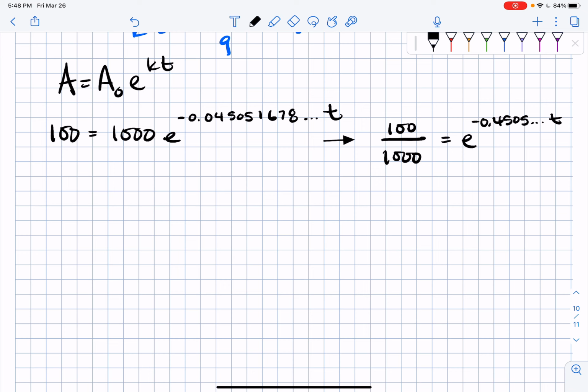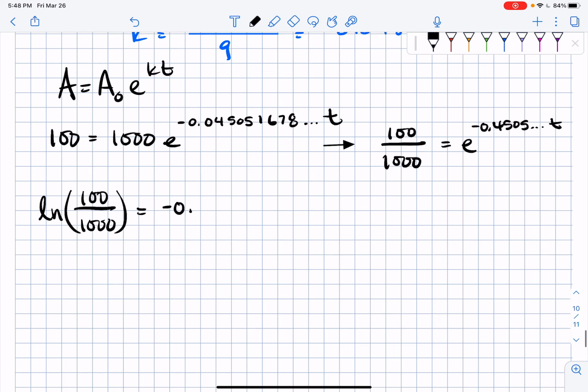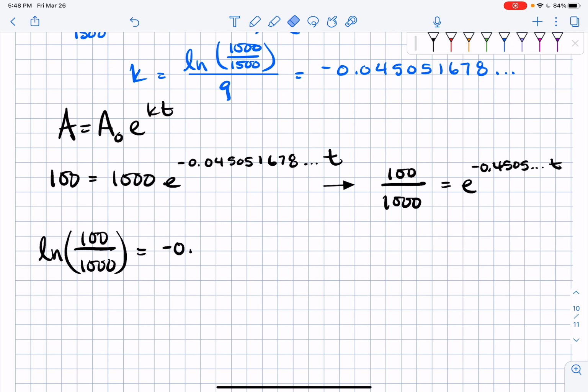So take the ln of both sides. I'm going to have ln of 100 over 1,000 is equal to negative 0.045051678 t. Okay?